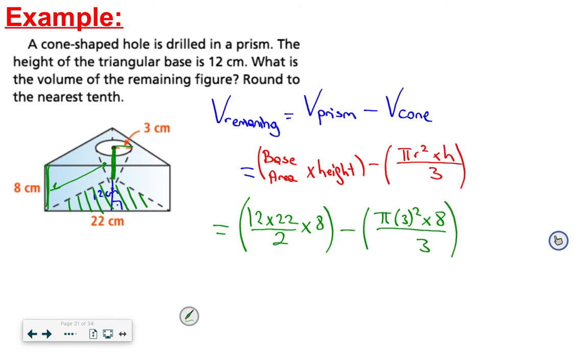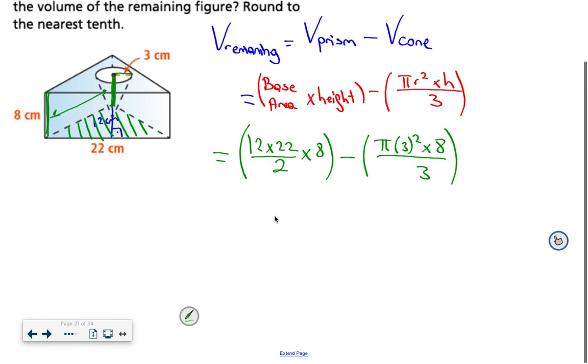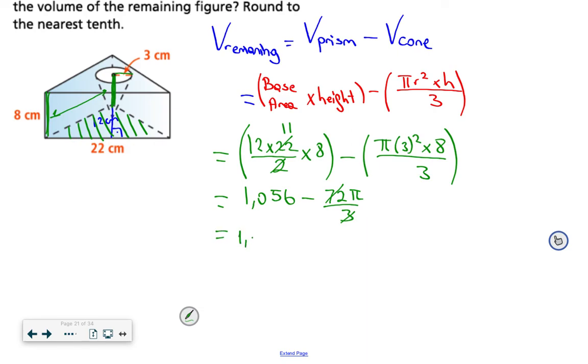If you calculate this, ladies and gentlemen, when you simplify, you will get 11 times 12 times 8, which will be equal to 1056, minus, 9 times 8 is 72 pi over 3. When you simplify, you will get 24. 1056 minus 24 pi.